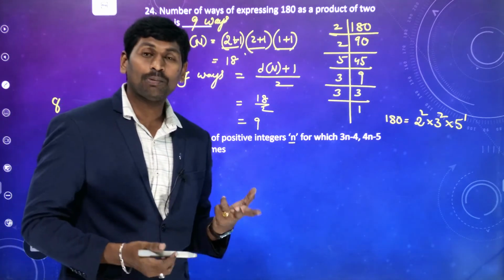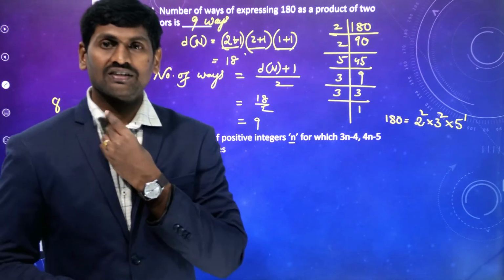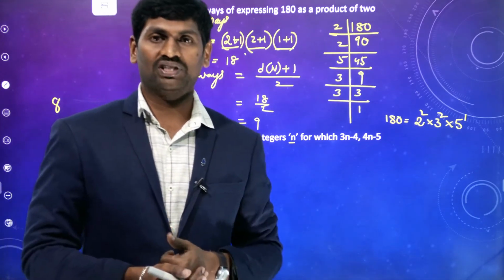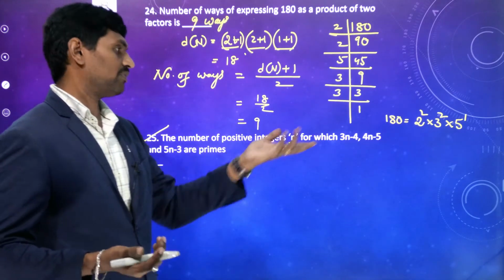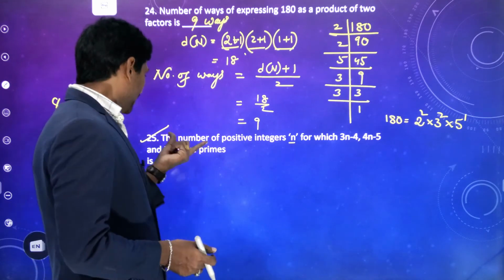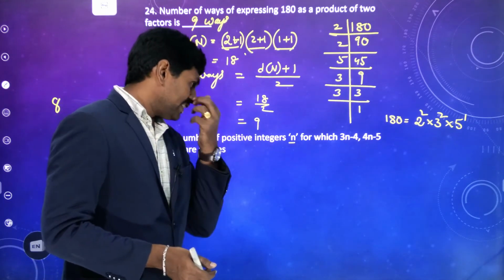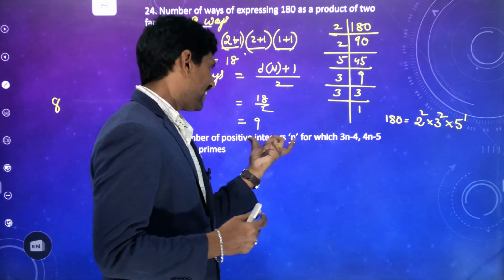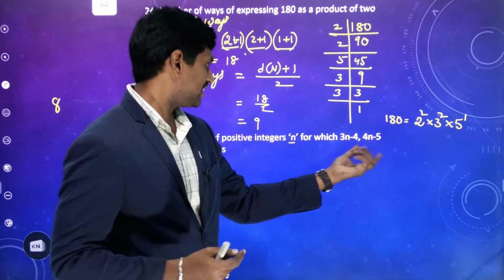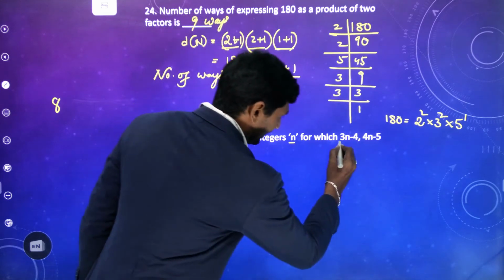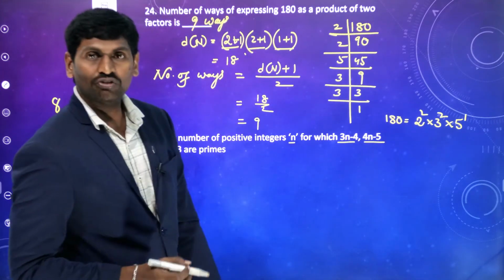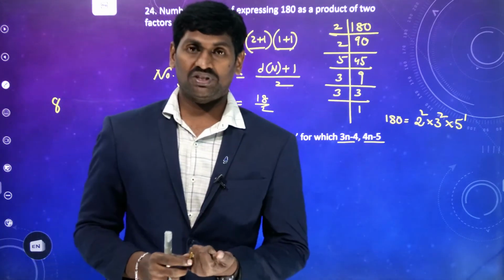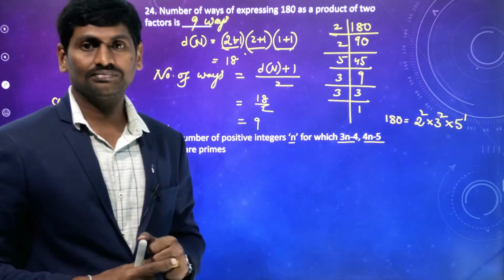How many prime numbers do we have? An infinite set of prime numbers. So many prime numbers, we don't know which prime number we have to take. But the number of positive integers n, in how many different ways can we take the n value so that these three numbers, 3n minus 4, 4n minus 5, 5n minus 3, should be prime numbers. That integer you should take.